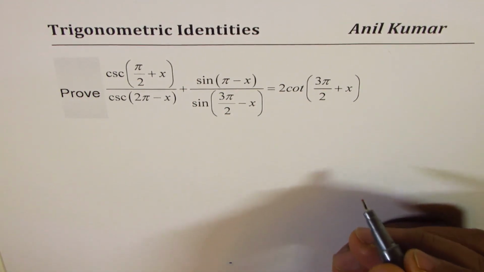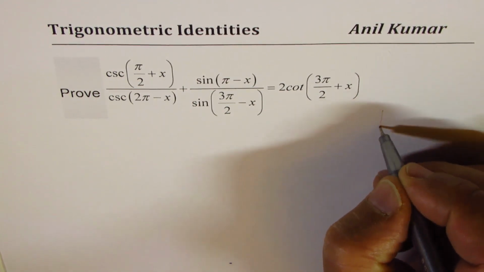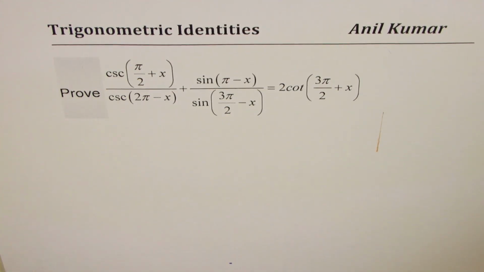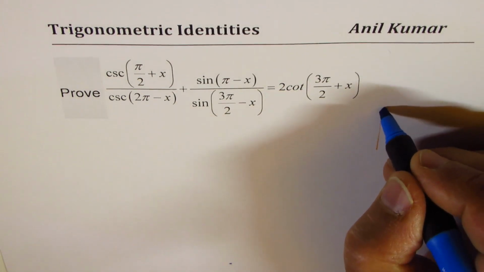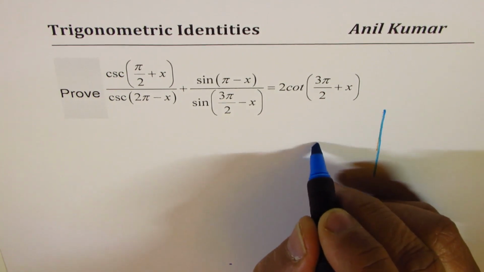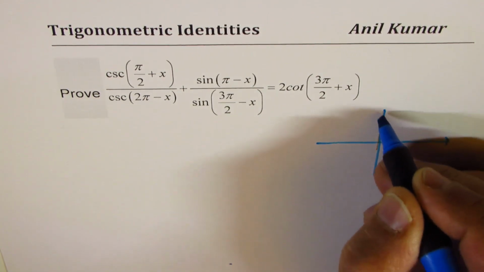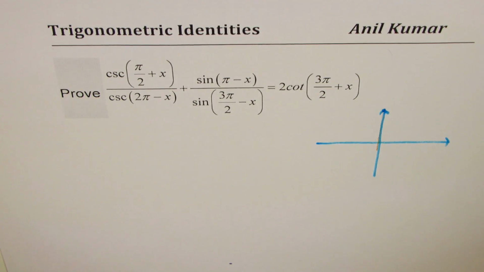Now to prove this identity, I'd like to draw your attention to what we have learned so far relating to cofunction identities. I remember it using 2 important aspects. The first one is the rule itself, in which quadrant which ratio is positive.